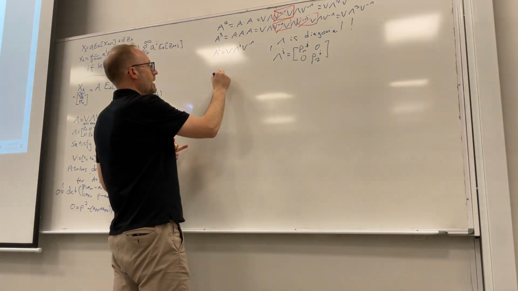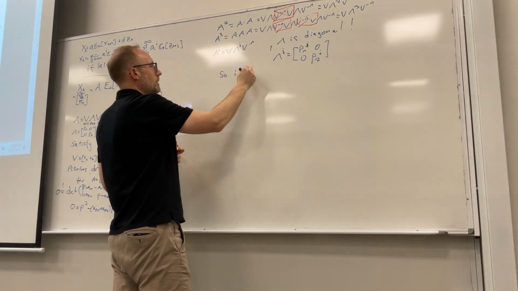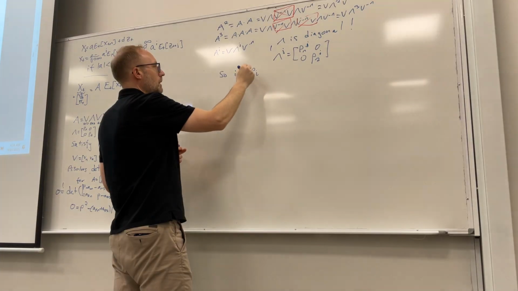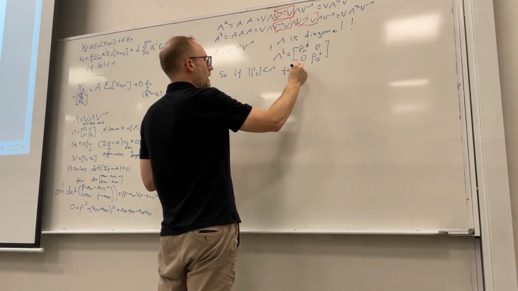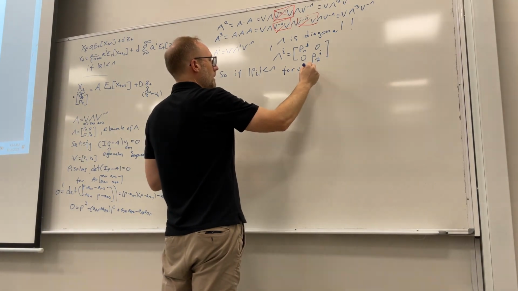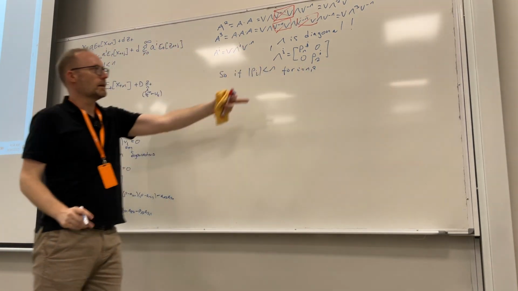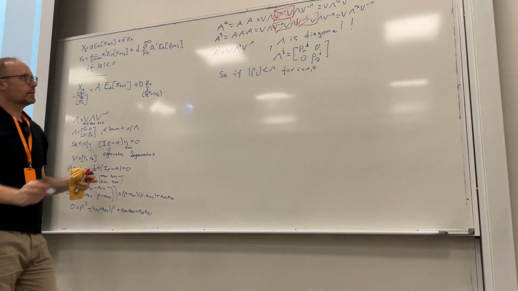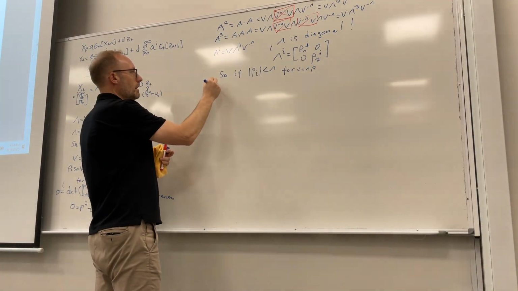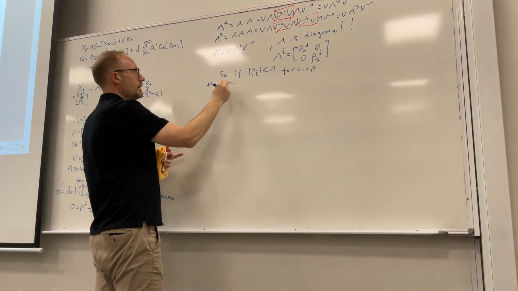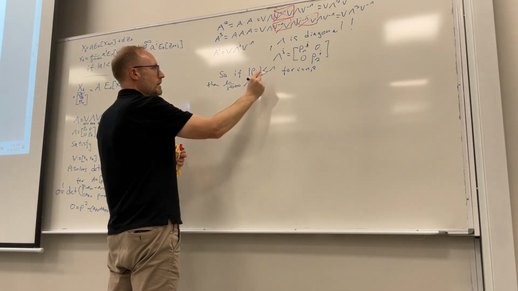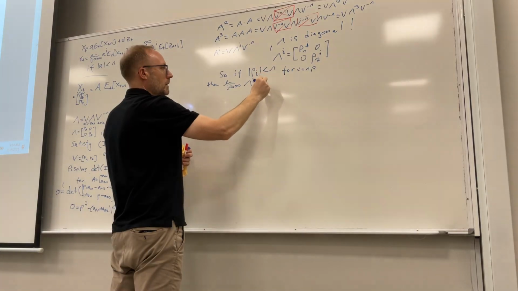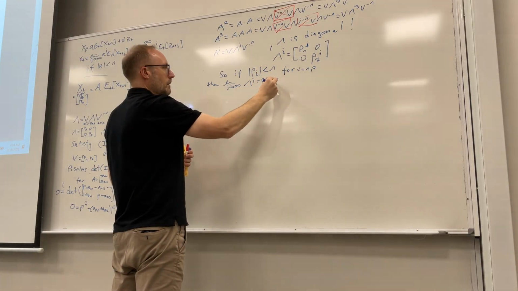So now, if rho i is less than 1 for i equals 1 and 2, so both of these are less than 1 in absolute value, then the limit as j goes to infinity of lambda to the j is equal to the zero matrix.